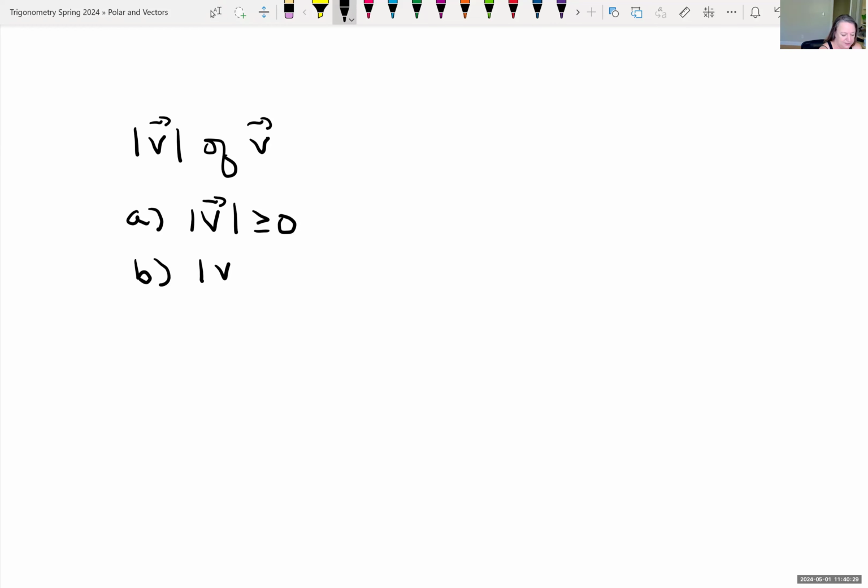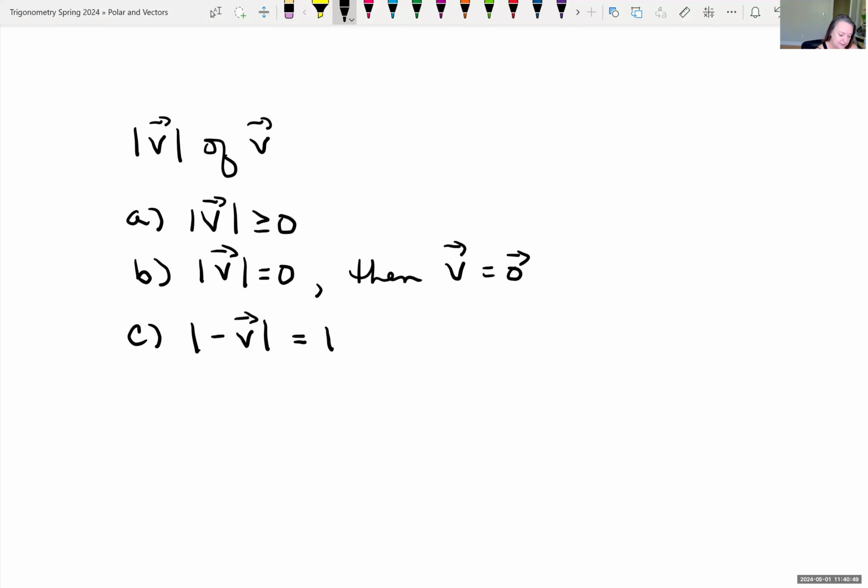If the magnitude of v is equal to 0, then our vector v is the 0 vector. The magnitude of negative v is the same length as positive v going in the opposite direction.